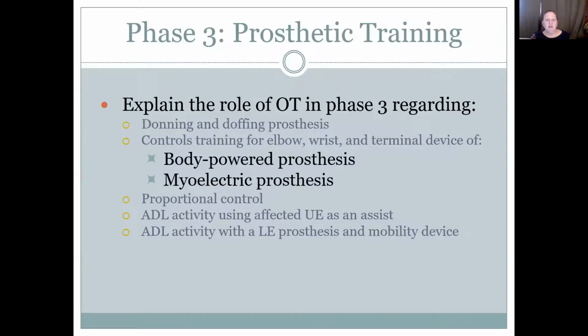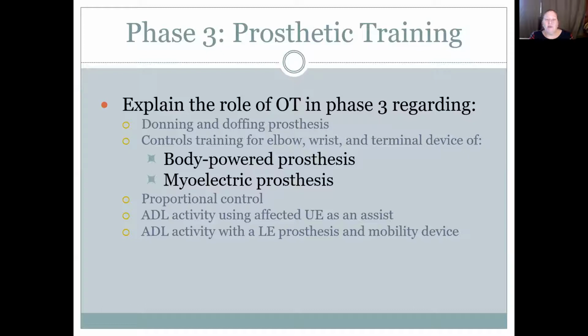Proportional control is going to be about tension and force. ADL activity using affected upper extremity as an assist. So, like we were talking about earlier, using a residual limb, okay, to push against to lift something up, so that we can pick up our socks, our shoe or our shirt or our hairbrush.